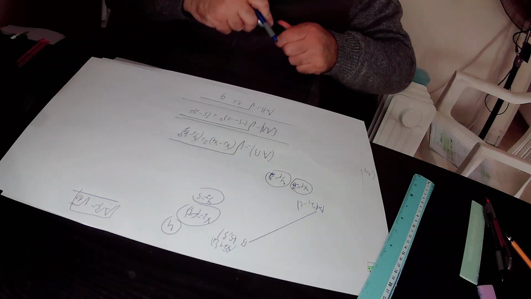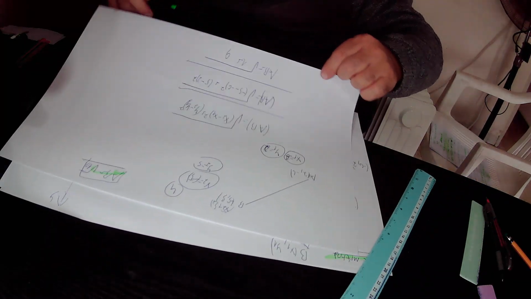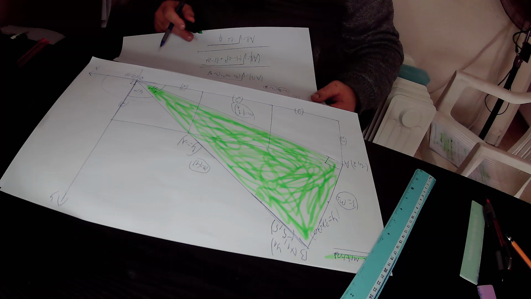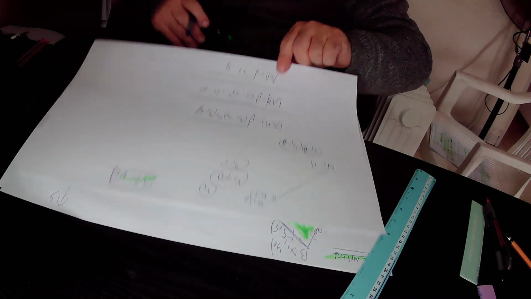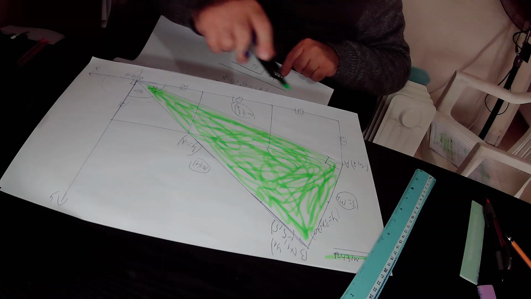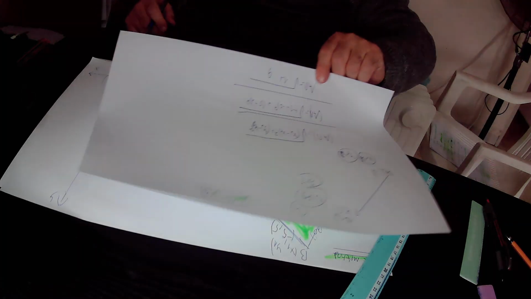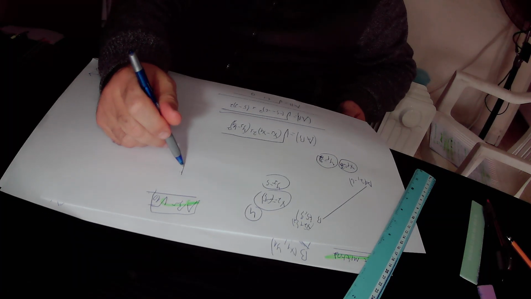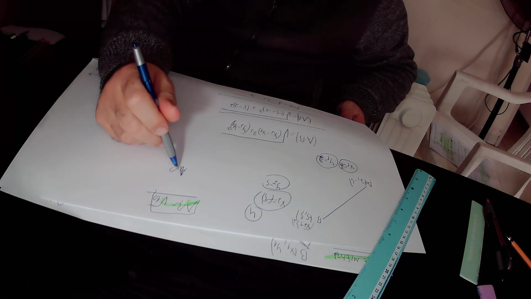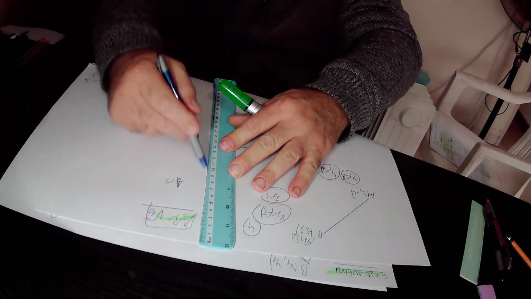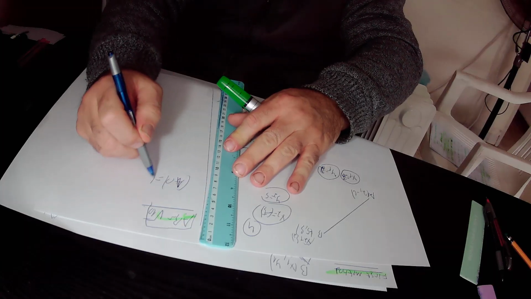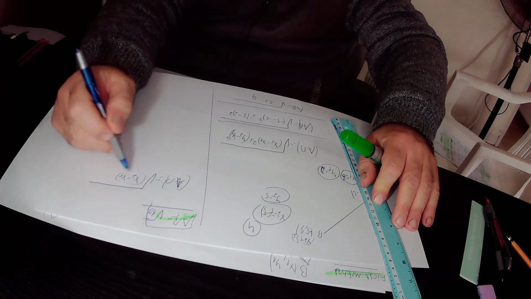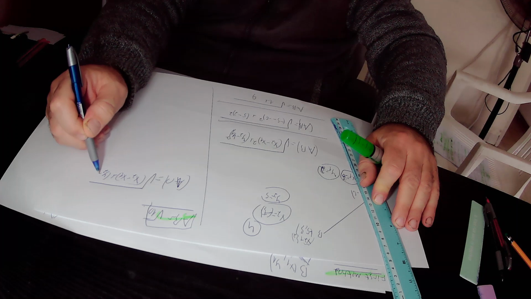Likewise, we find out the distance between points A and O according to the same formula. So the distance between points A and O is also the length of line segment AO. According to the new formula, it is equal to the square root of (x2 minus x1) squared plus (y2 minus y1) squared.